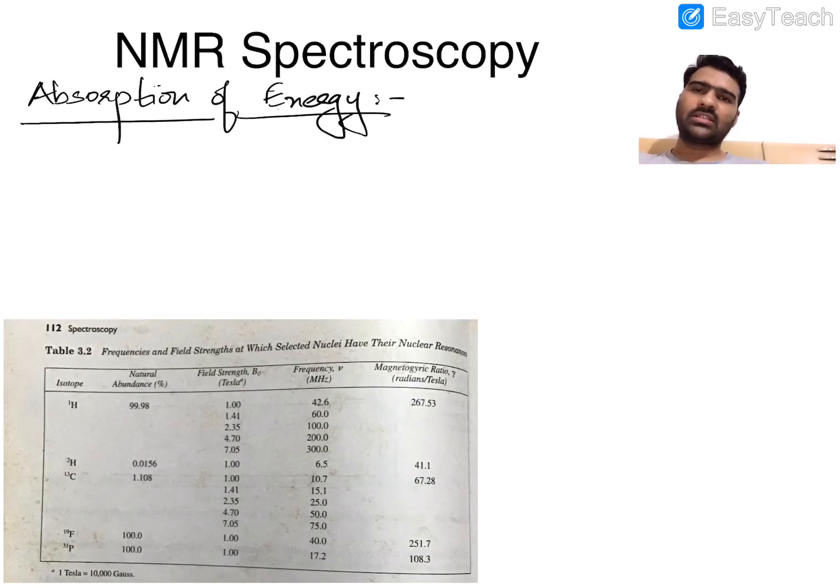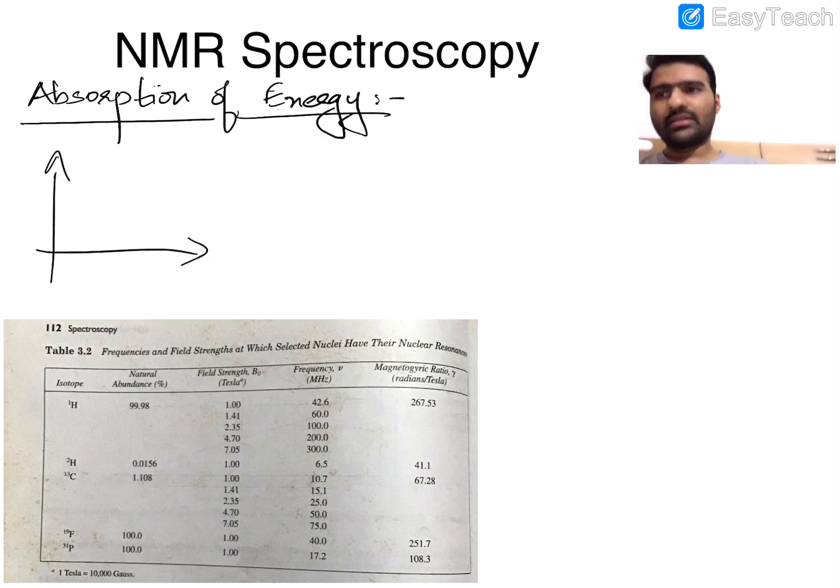So this brings us to the discussion of how energy is absorbed to transition from the ground state to an excited state, and what phenomena are involved. What we've already looked at is the external magnetic field that is applied, and the energy difference that is created between the spin states as a function of it.